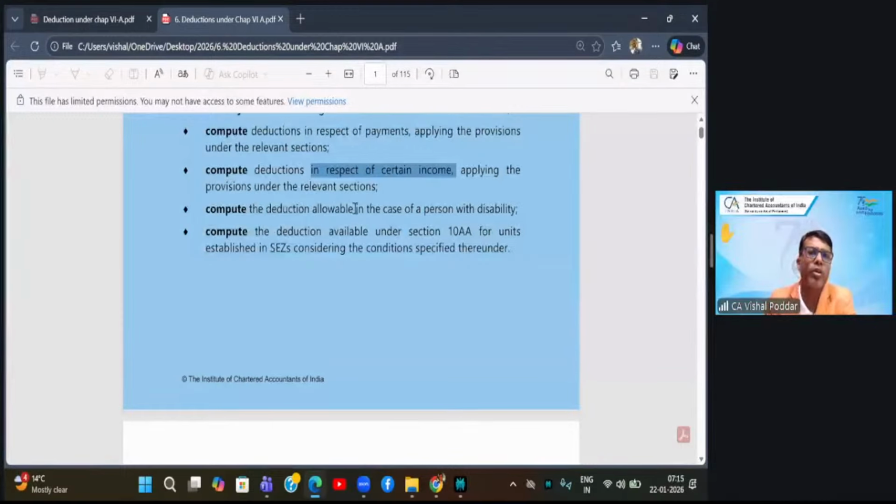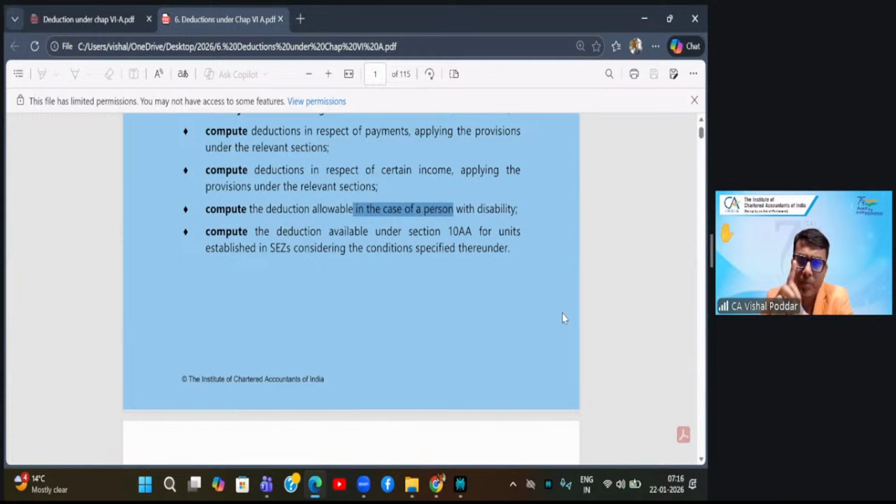And then the third category of deduction is deduction in respect of certain persons. Now, mainly who are these persons? These are the persons suffering with disability or disease. So for them, there are again some deductions allowed. So broadly, deductions can be classified into three categories.